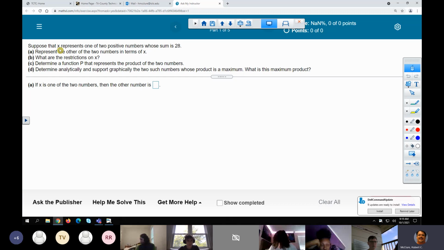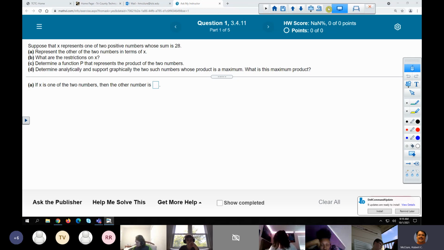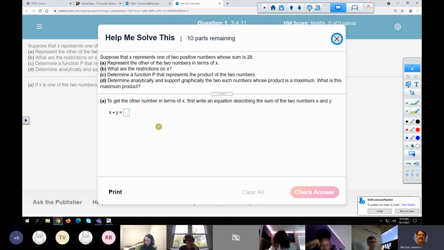Well, I guess that would be x and x plus what? I've never seen this problem before, so I would assume it's x and x plus 1. Let's see where they're going with this.